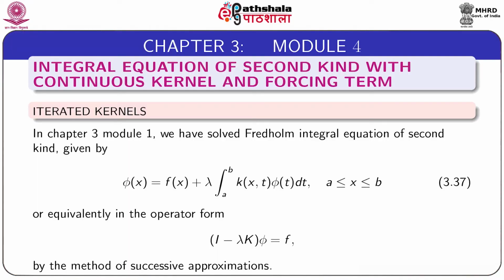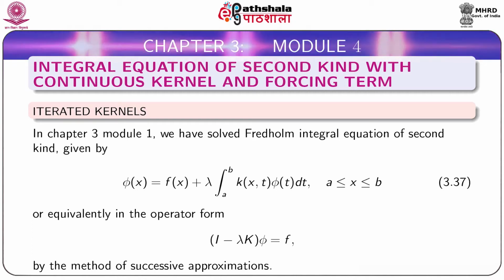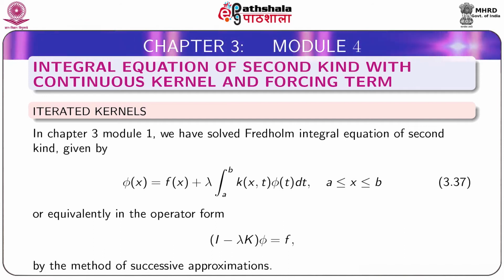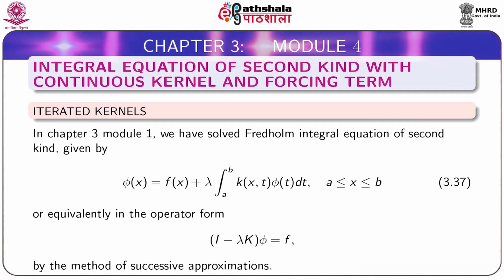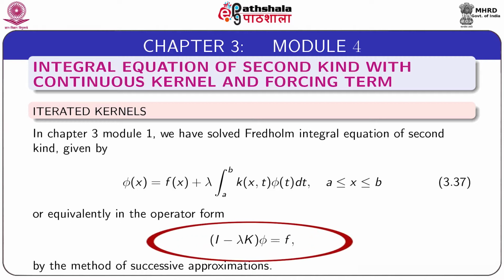Now we consider Fredholm integral equation of second kind given by equation 3.37, which can be equivalently written in the operator form as (I minus lambda K) operating on phi gives f(x).